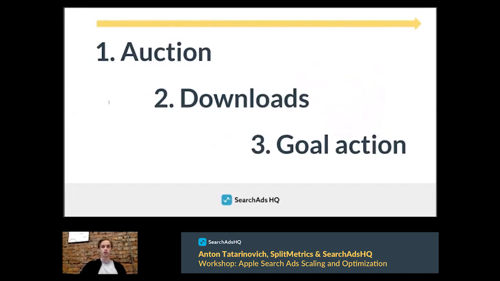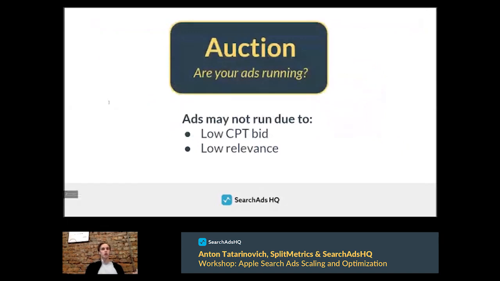The first step is auction. How it works, just a quick reminder, Apple Search Ads is a second prize auction, which means that in general, if your bid wins, you pay highest previous bid plus 1 cent. You set your CPT bid and will never pay more than that, as you simply won't be eligible for the auctions with a higher price, right?